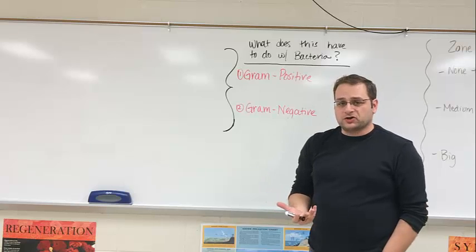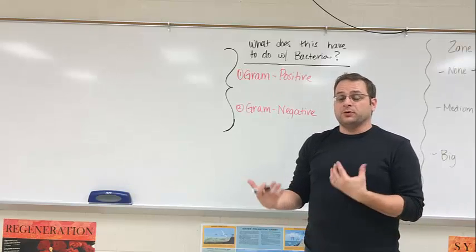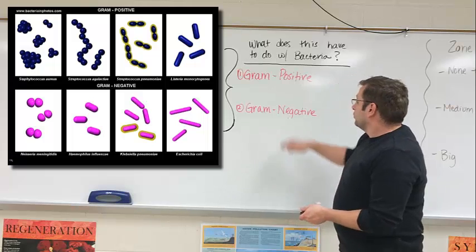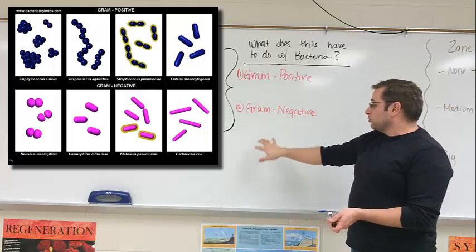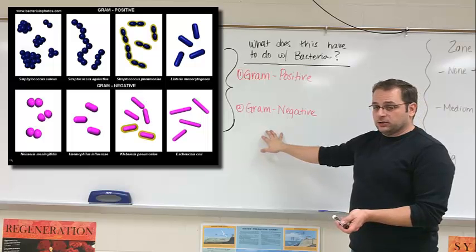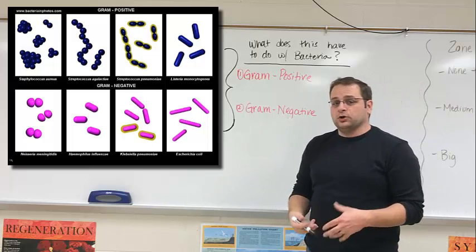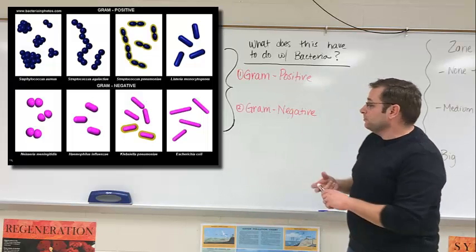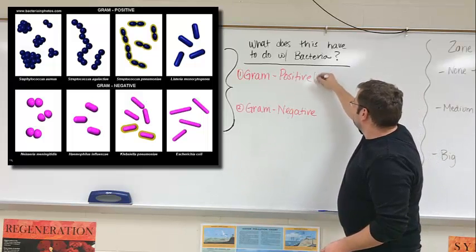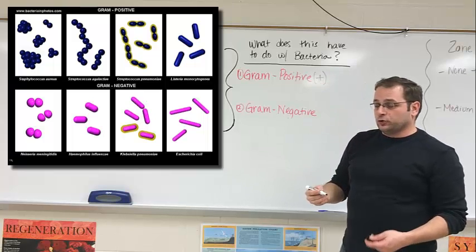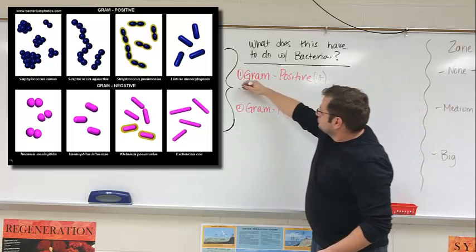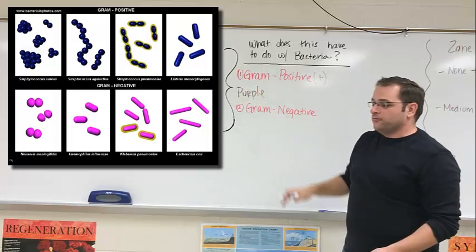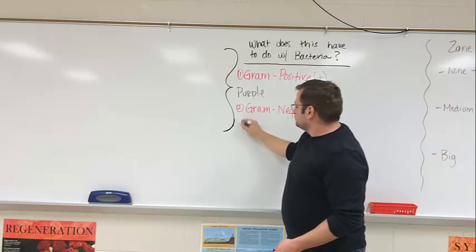If you have a bacterial infection, doctors are going to want to know what type of bacteria it is. Bacteria are classified in two different ways. One is called gram-positive, and the other is called gram-negative. They will use a stain in order to tell which one is which. If it is gram-positive, they will stain it and it'll turn purple. If it is gram-negative, it'll turn pink.